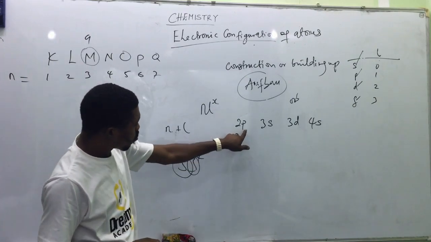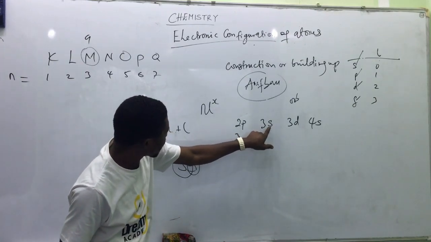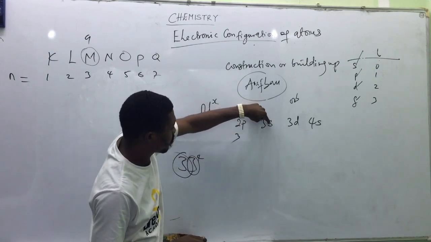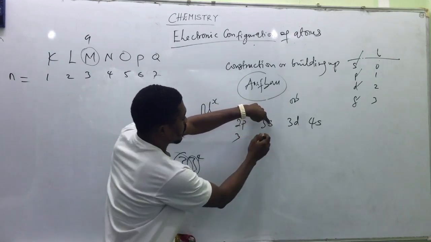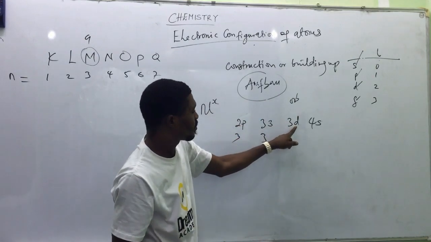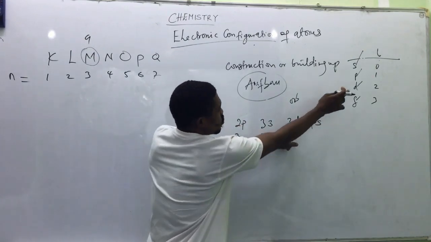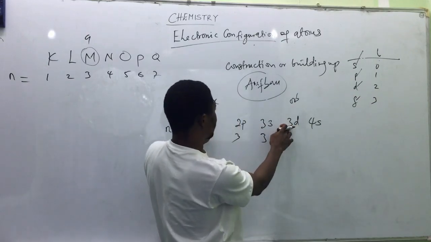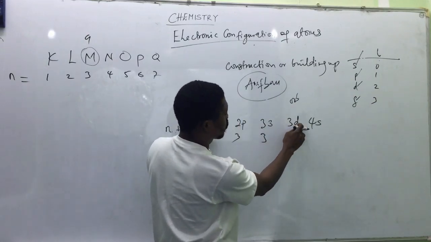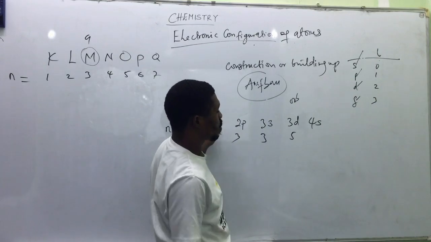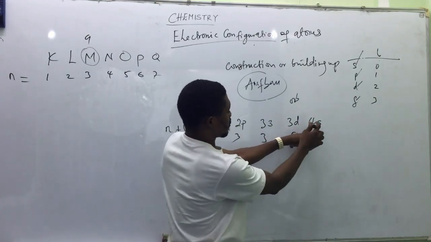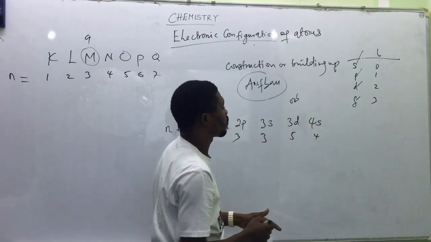The N plus L value for 3S is 3 plus 0, that is 3, remember S is 0. For 3D, the L value for D is 2 and N is 3, so 3 plus 2 is 5. The N plus L value for 4S is 4 plus 0, which is 4.